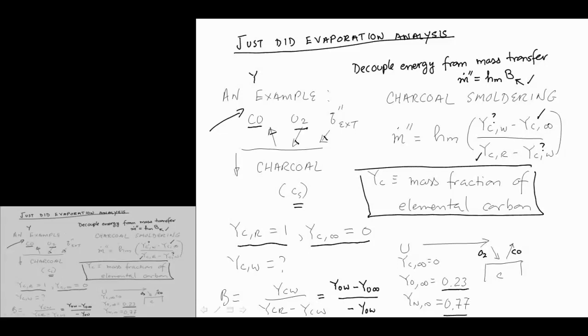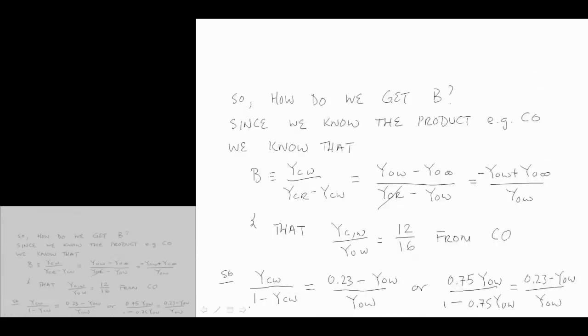Once we've put it in this form, we have one equation with two unknowns, and we need something else to constrain it, to close the system.